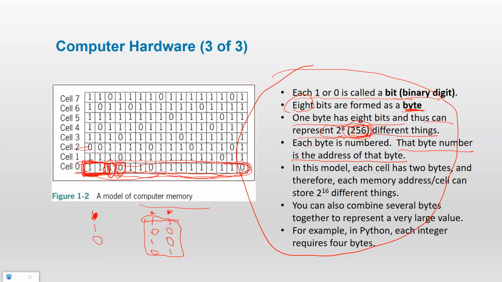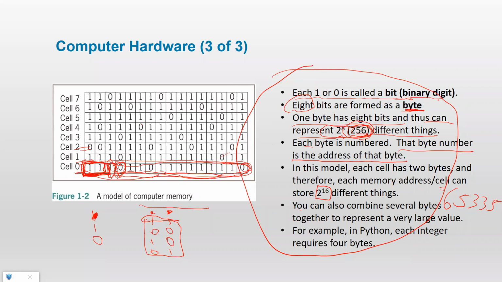In this model, each cell has 2 bytes, and therefore each memory address or cell can store 2 to the 16th different things. And that's a lot. You can do the calculation if you have a calculator.